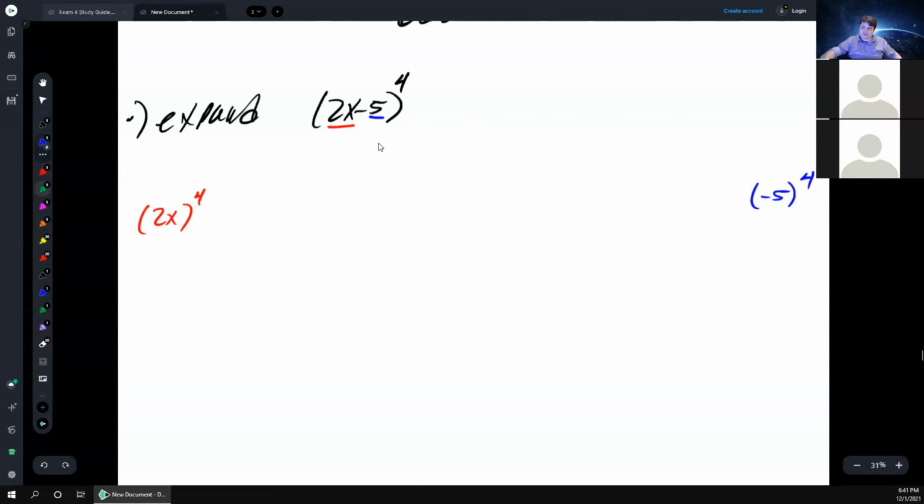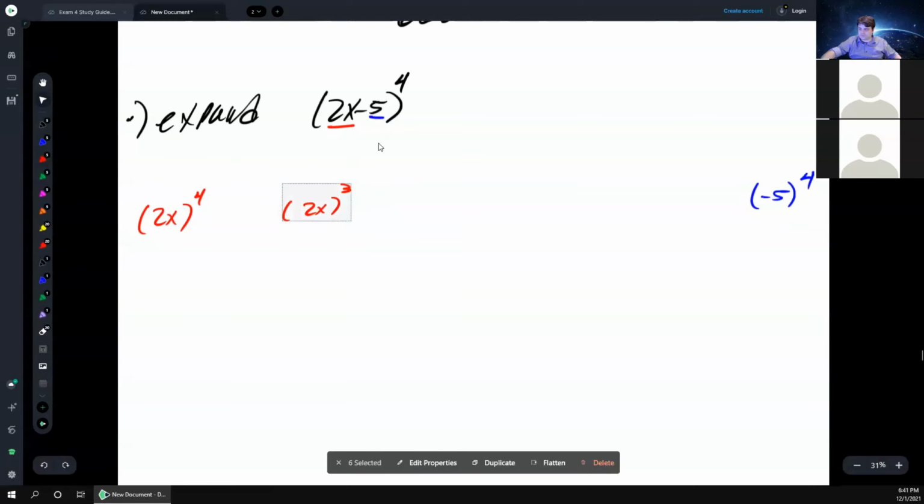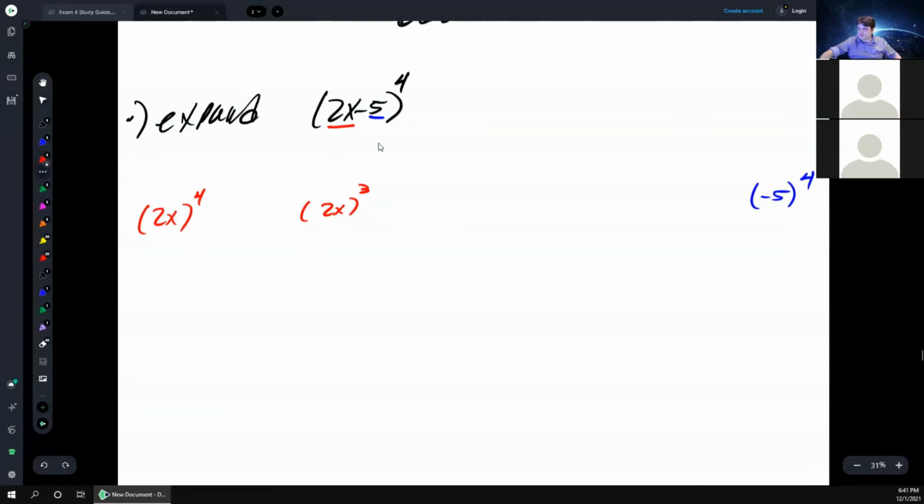And then we're going to keep going down powers of this. So the next one's going to be 2x to the third. Give yourself a little bit more room. Then we're going to have 2x squared, then 2x to the first. And technically we would have 2x to the 0, but the 0 just drops off.